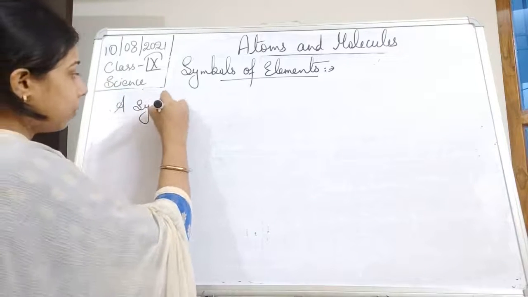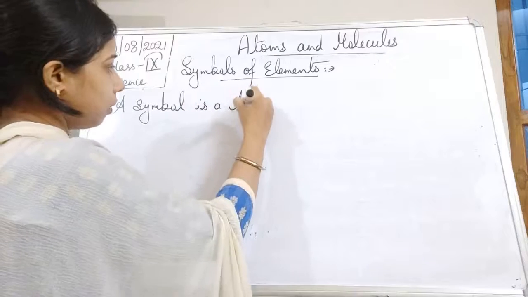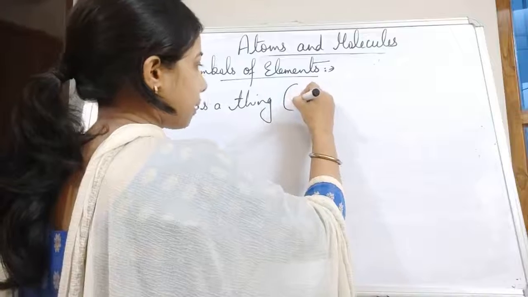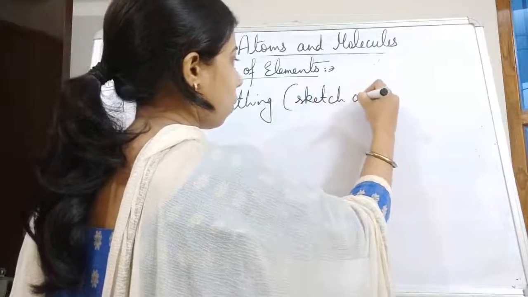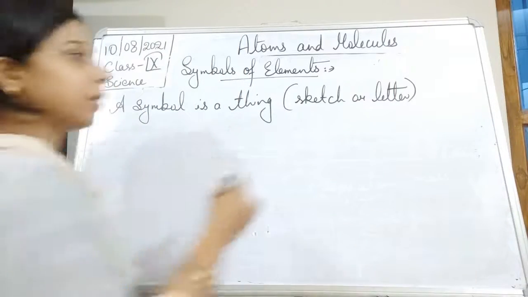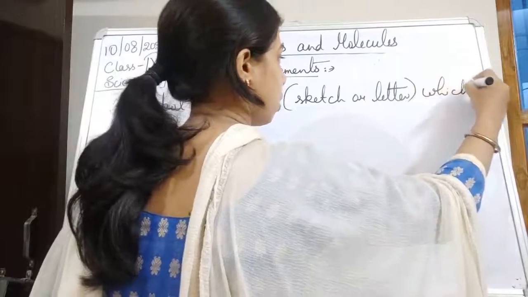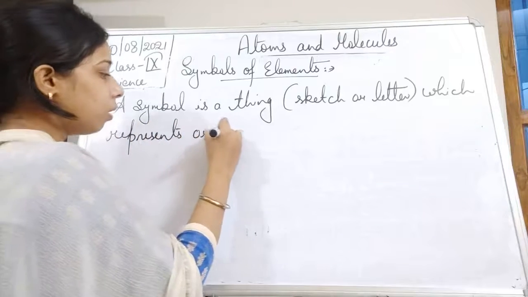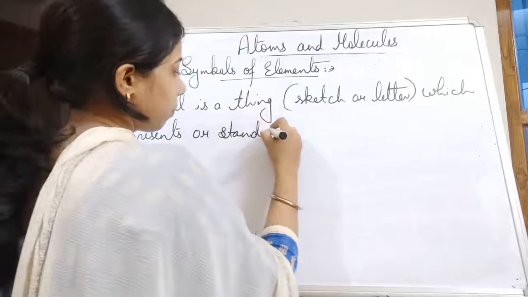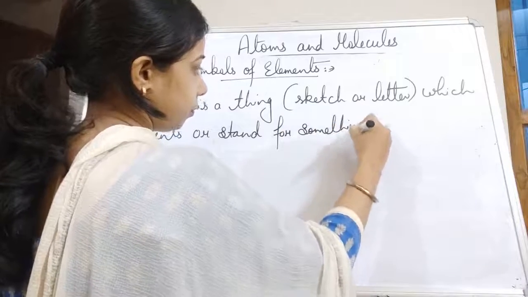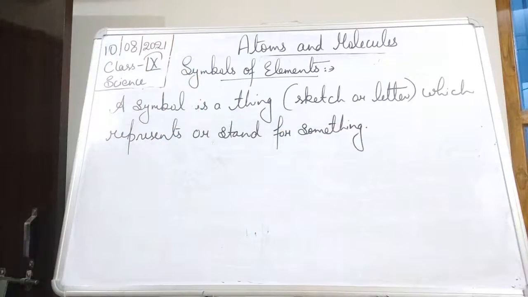So a symbol is a thing, here it can be a sketch or a letter, which represents or stands for something else.